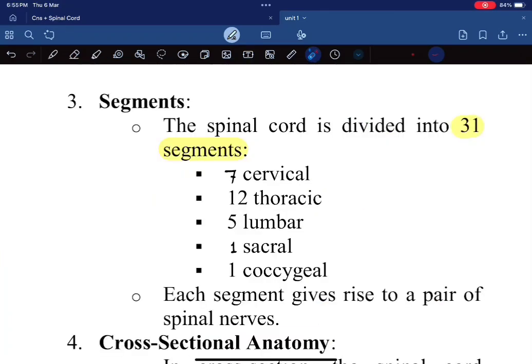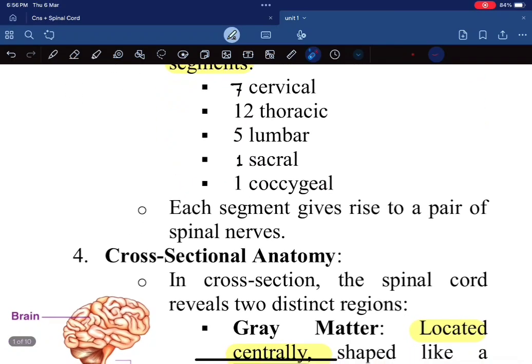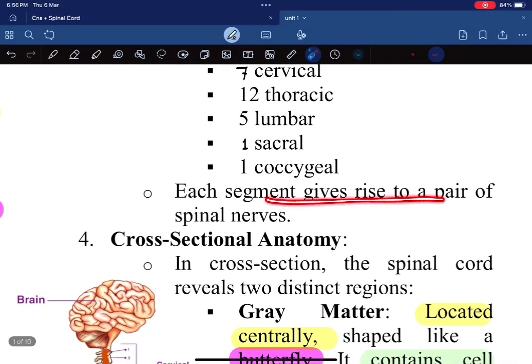Third, segments. The spinal cord is divided into 31 segments: 7 cervical, 12 thoracic, 5 lumbar, 1 sacral, 1 coccygeal. Each segment gives rise to a pair of spinal nerves. And fourth, cross-sectional anatomy.